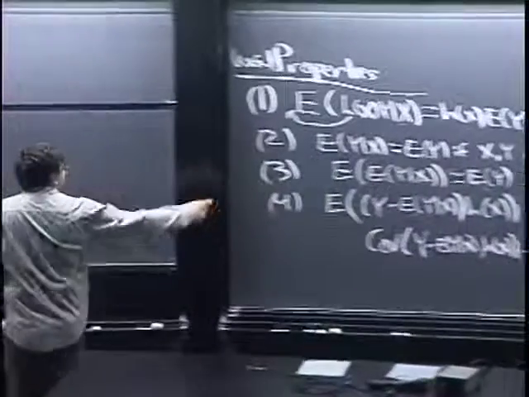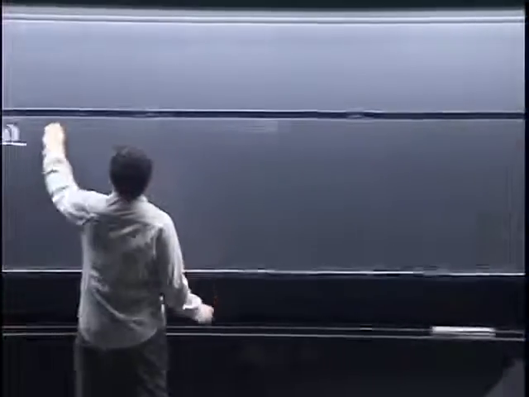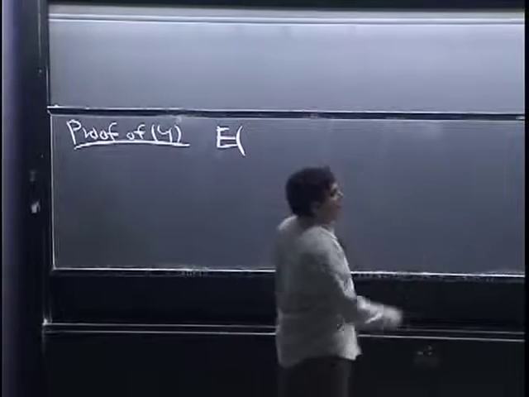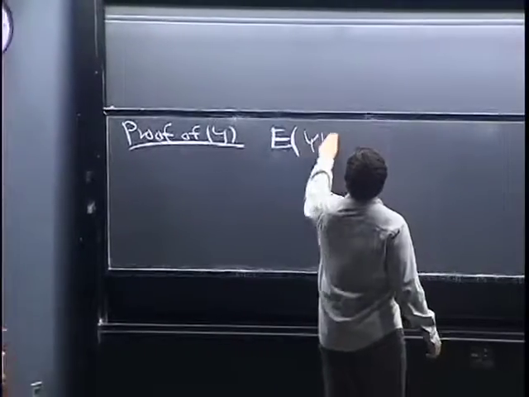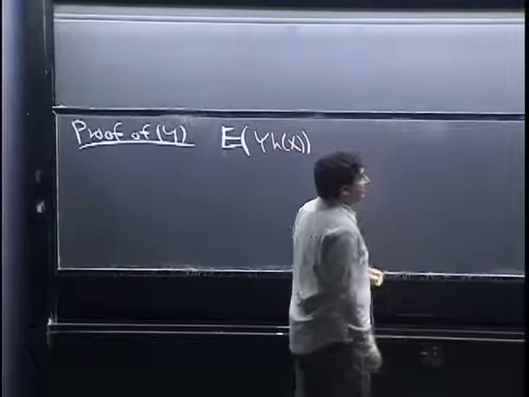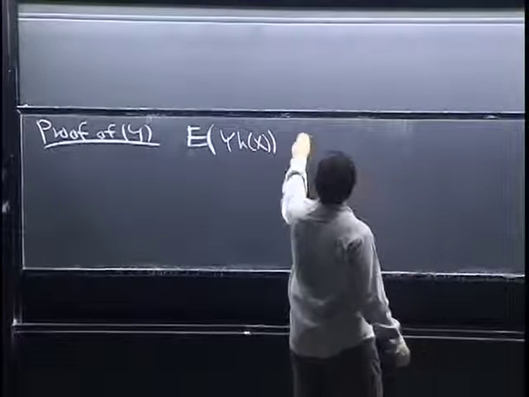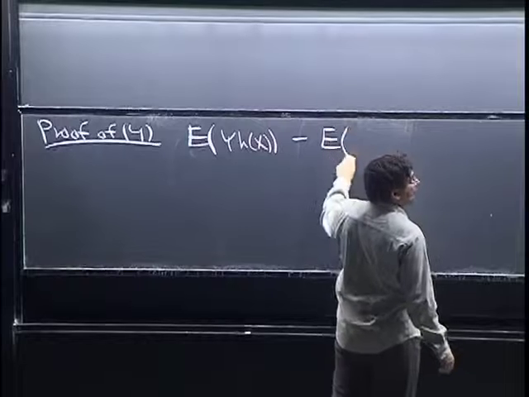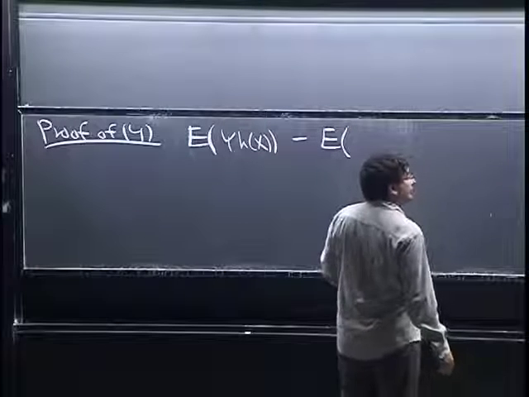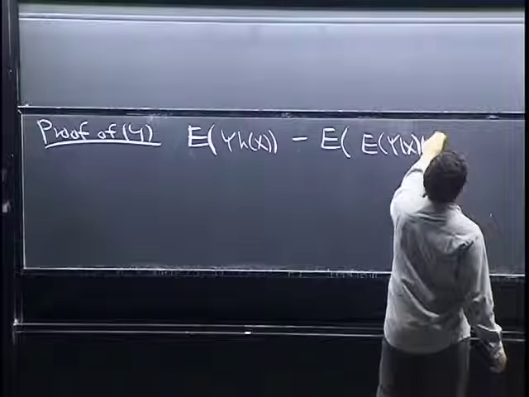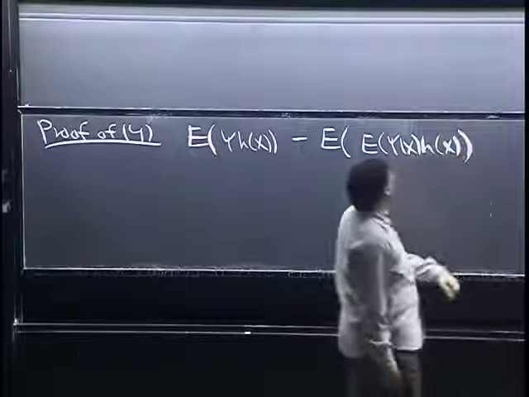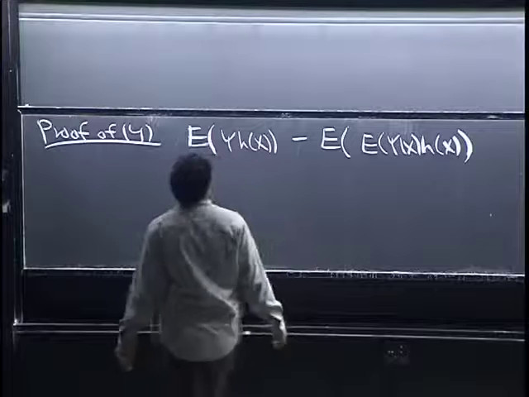I'm not going to rewrite that whole expression, but I'm just going to distribute, this times this minus this times this. So it's E of y h of x, and then it's minus E of y given x h of x. I'm just rewriting the same thing, except splitting it into 2 terms using linearity.